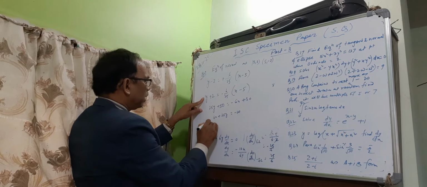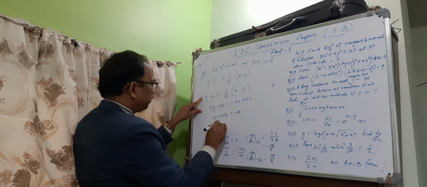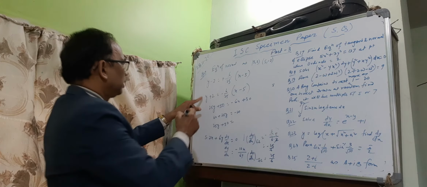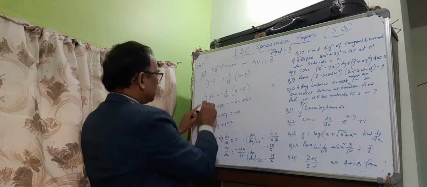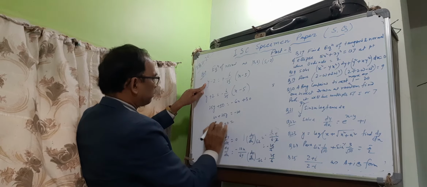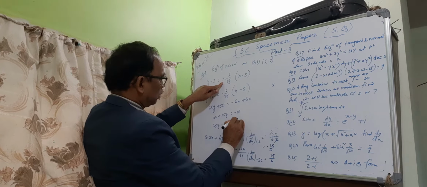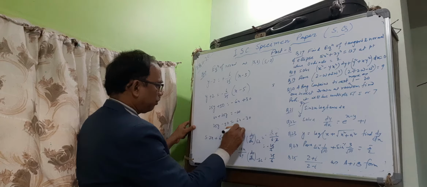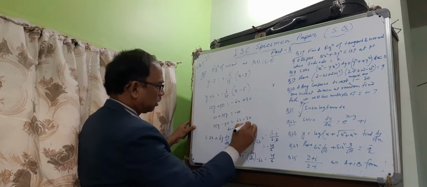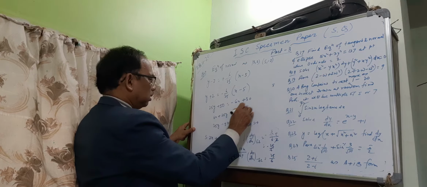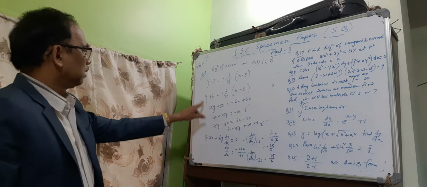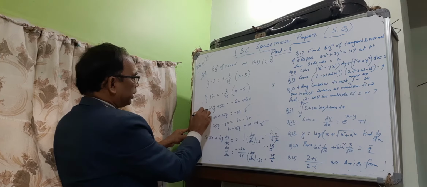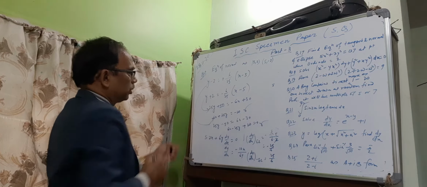And for the other normal, 25y minus 50 equals 6x minus 30, that is 6x minus 25y plus 20 equals 0. These are the equations of the normals, one for this point and one for this.